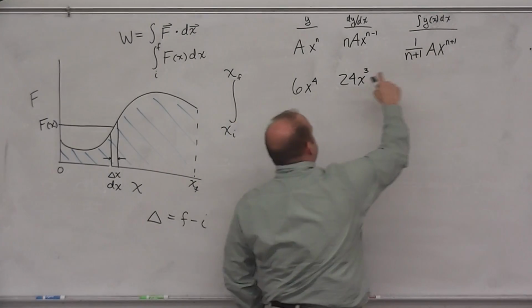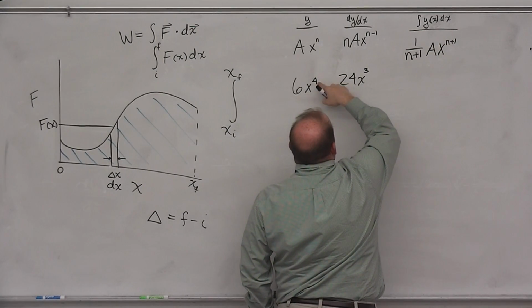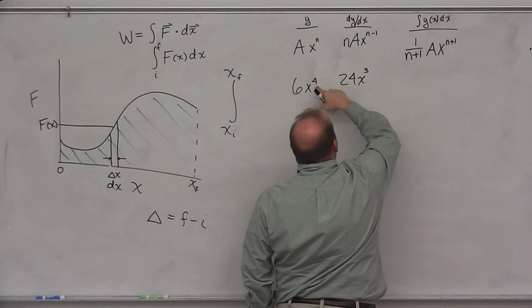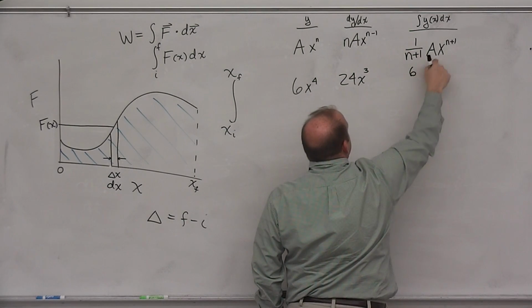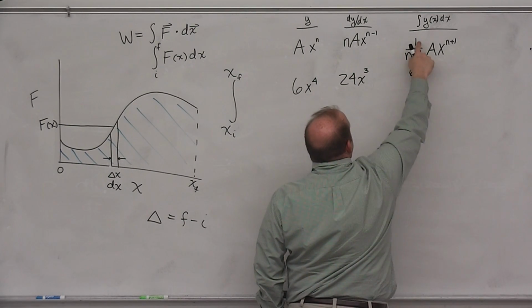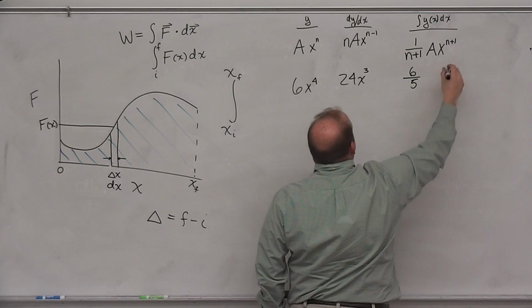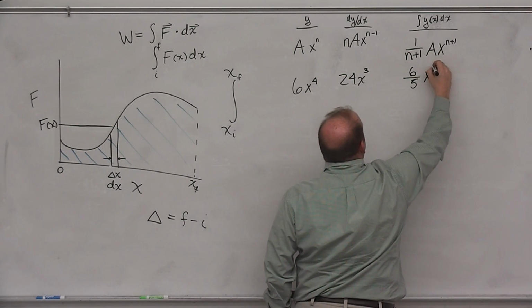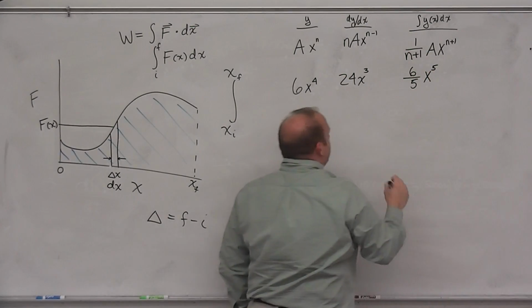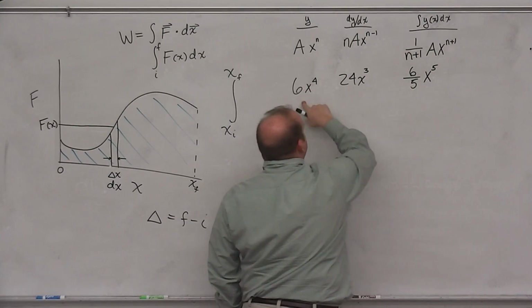If I take the integral of 6x to the 4th dx, by the way, you always put in the dx, this 4 is to the 1 higher power, so it's 5, and the a is 6, 1 over n plus 1, that's 5, so I have 6/5 x to the n plus 1, so that's 4 plus 1, which would be 5. Think about it. You can check your work. Take the derivative. I have 6x to the 4th. That's what I get.